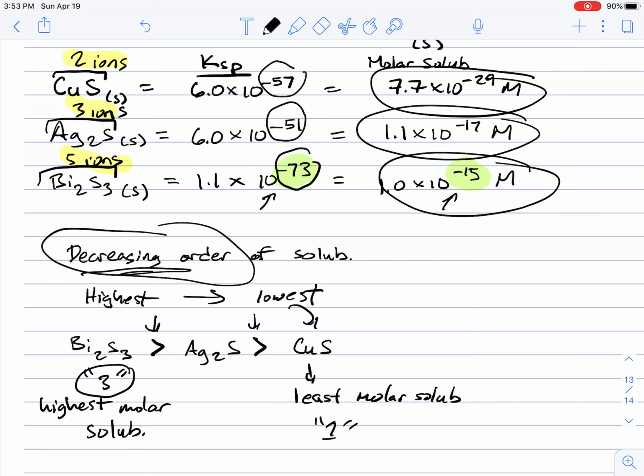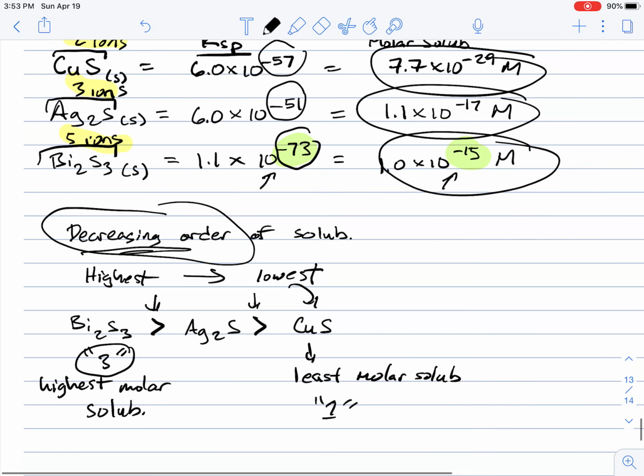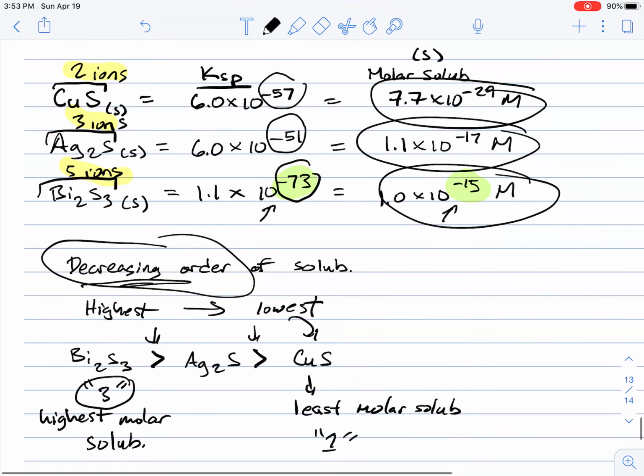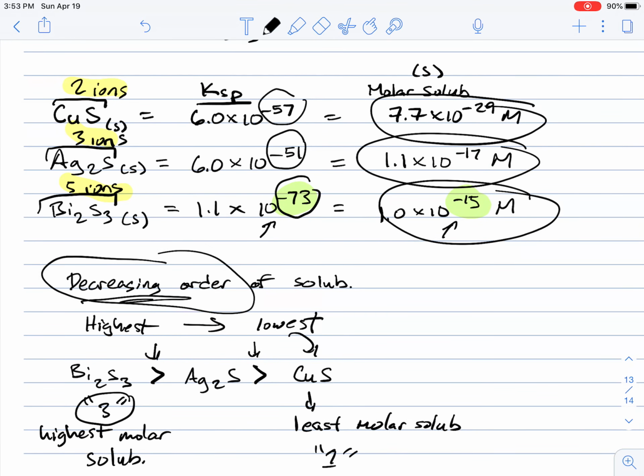All right. So with that said, that pretty much completes this section in this chapter. The take-home message is calculate your molar solubility from KSP. And so if you recognize that you have the same number of ions, then you can go ahead and use the magnitude of the KSP to rank the molar solubilities, whether it's increasing or decreasing.